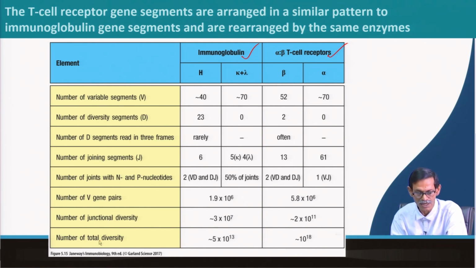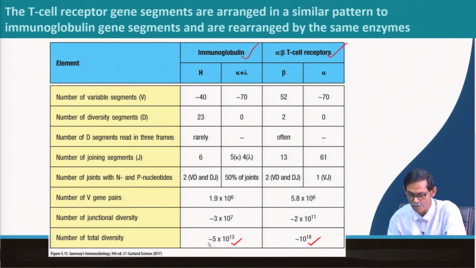Finally, the total diversity after junctional diversity is 5 times 10 to the 13 in the case of immunoglobulin. In the case of alpha beta T cell receptor it is 10 to the power 18, because the number of segments is much larger and the junctional diversity is also very high. Here somatic hypermutation is not calculated.